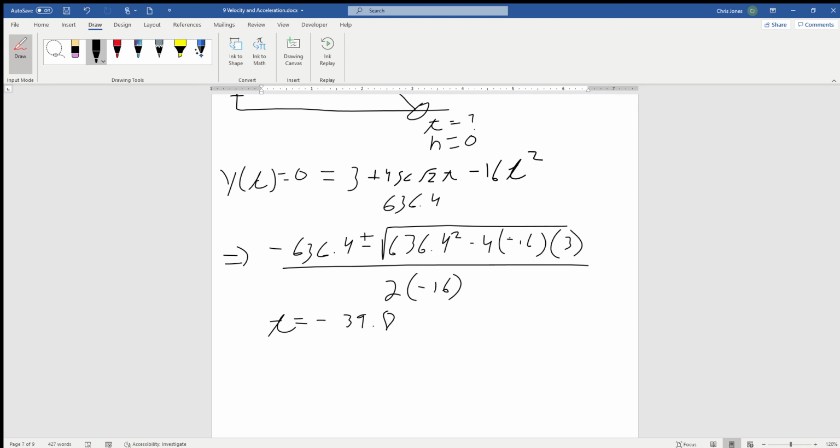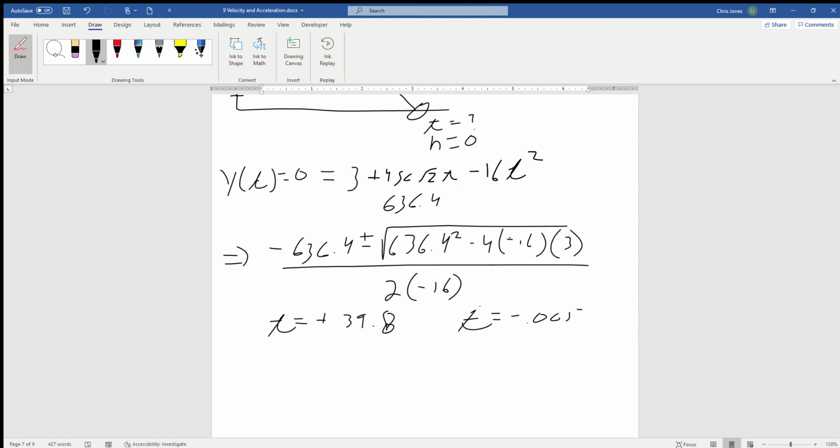And hopefully we get a different answer when we plug in the negative, and we get 0.004 for that one. Oh, I know what I did there. I apologize. The first term should be negative, and I did not make it negative. So I get t is equal to negative 0.005, and I'm assuming if I change this to a negative, that's going to give me positive 39.8. Okay, there we go.